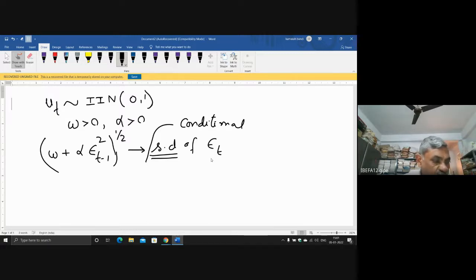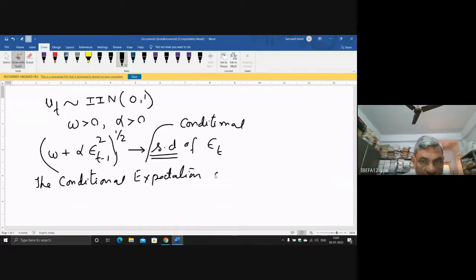So now the conditional expectation of epsilon t is 0.